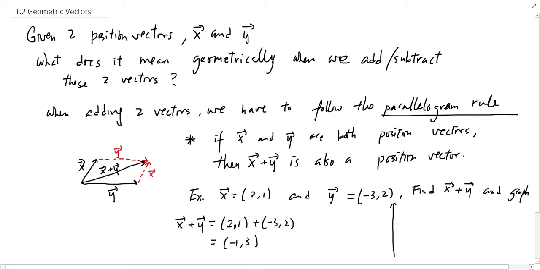Graphically, what happened? It's kind of hard to draw using this, so bear with me if my graph doesn't look nice. Let's assume we are drawing our two vectors. Vector x is 2, 1. So maybe I'll do this: 1, 2, and 1, 2, 3, and then I can do 1, 2. That's good enough. Vector x will be the vector 2, 1.